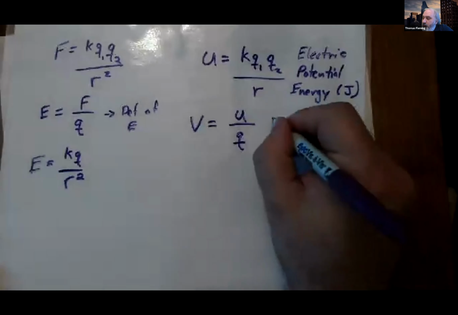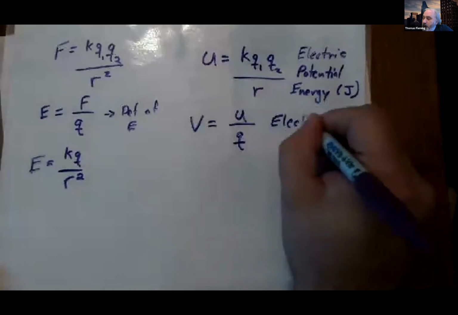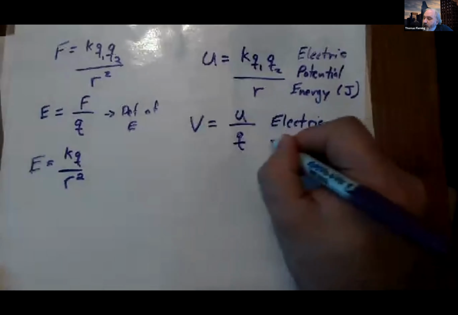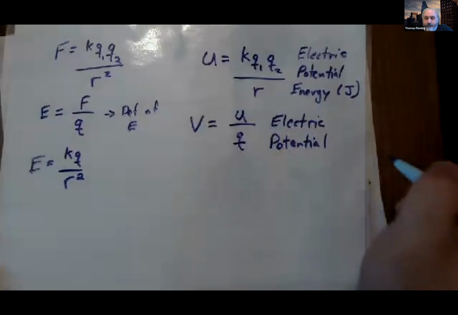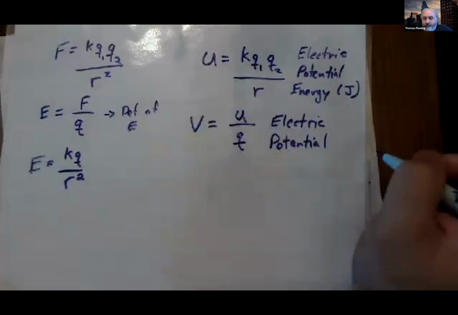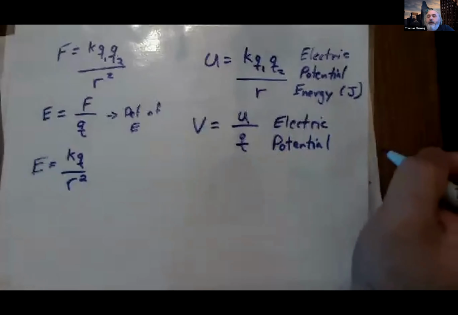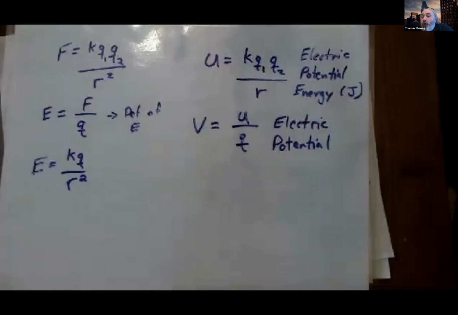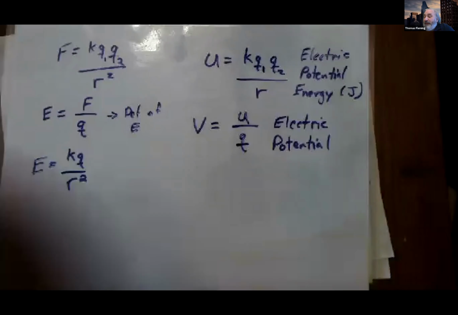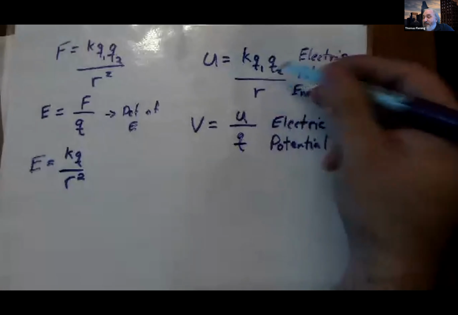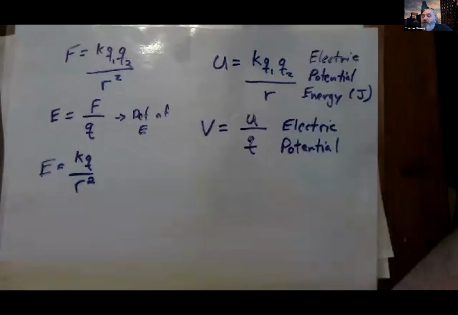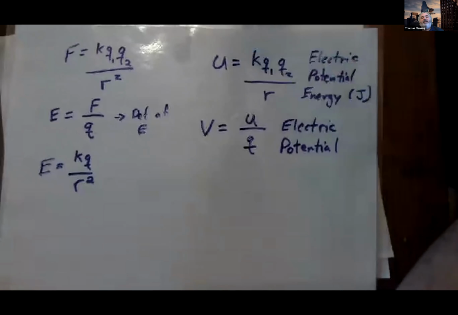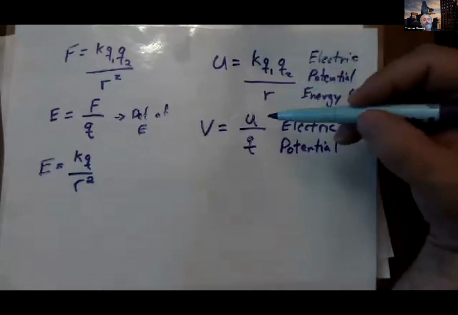It is called the electric potential. Full stop. It's the electric potential. That's really annoying because they're related concepts with very similar names. Students get them confused. So if I say electric potential energy, I'm talking about U. If I say electric potential, I'm talking about V.